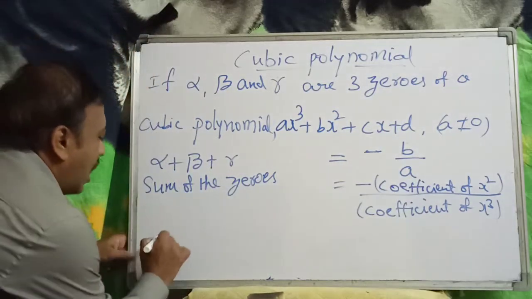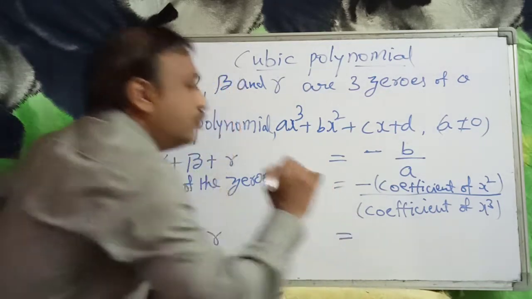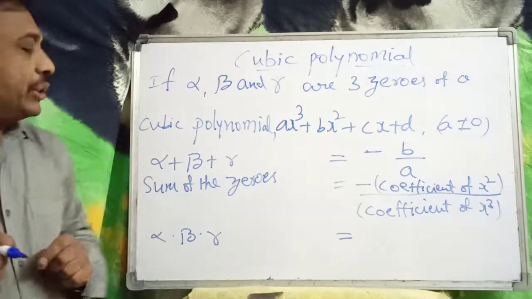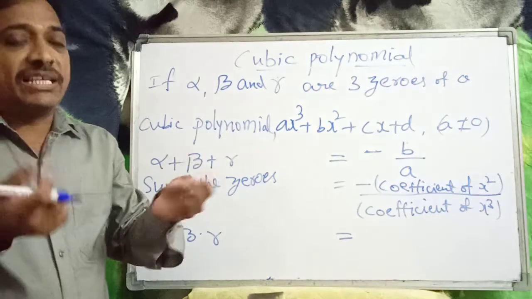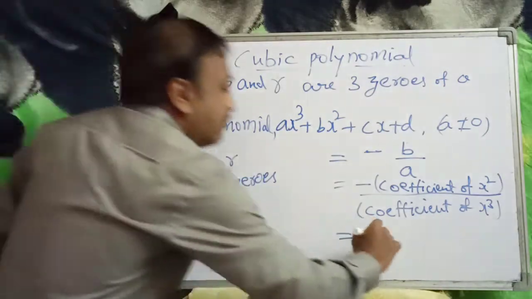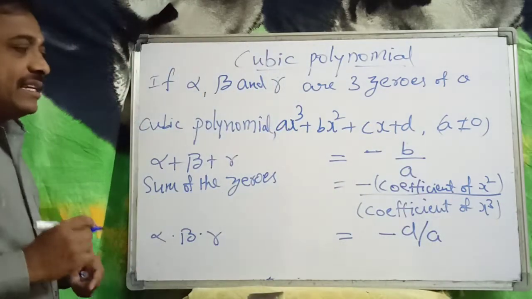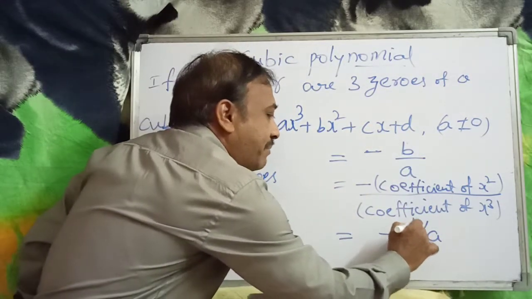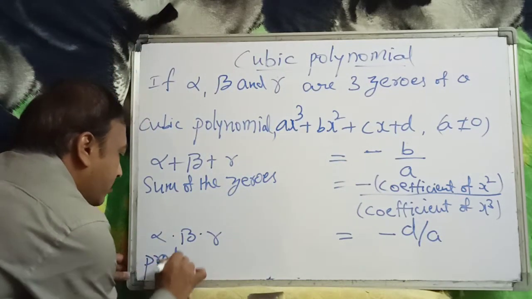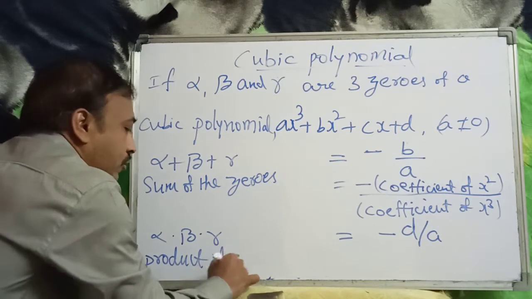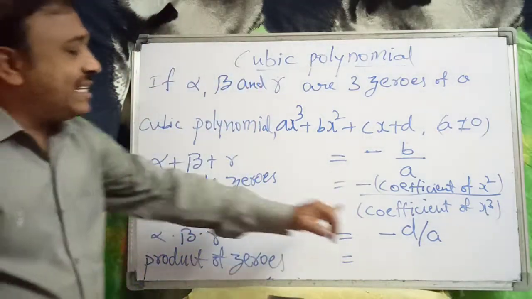Now alpha into beta into gamma is equal to the product of the zeros, that is minus d by a. So in words we can say the product of the zeros is equal to minus d by a.